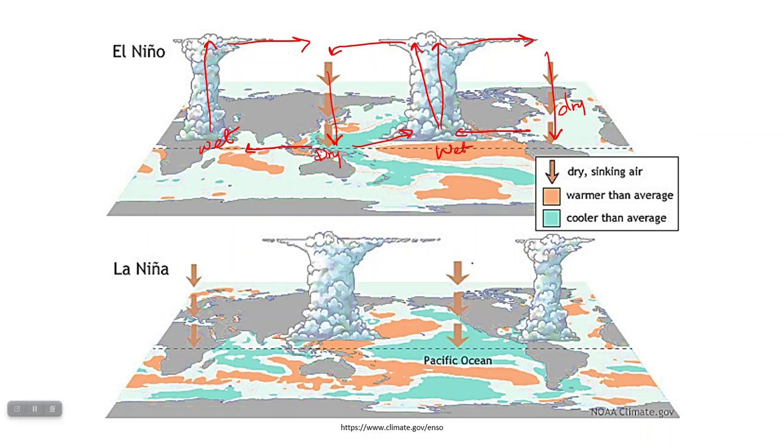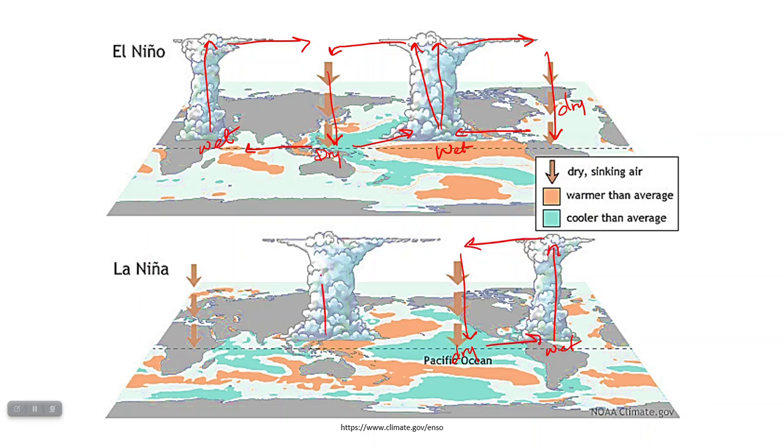During a La Nina, you have cool air sinking. It's going to be dry. So this is going to be extra dry. Normally kind of dry, but it's going to be even drier during a La Nina. Here you have warm air rising. So this is going to be wetter conditions. And then I'm just going to complete the circulation.